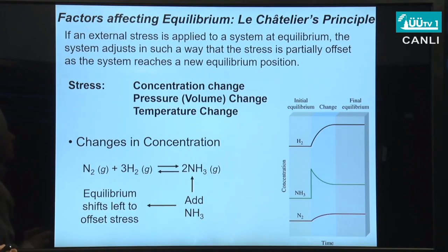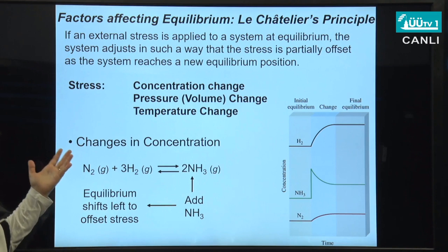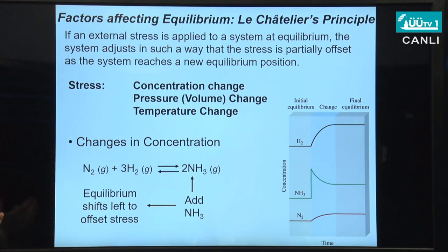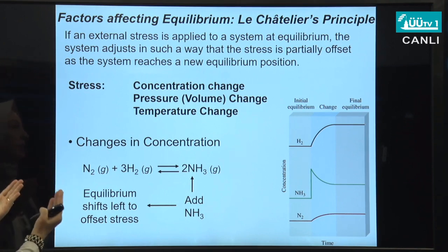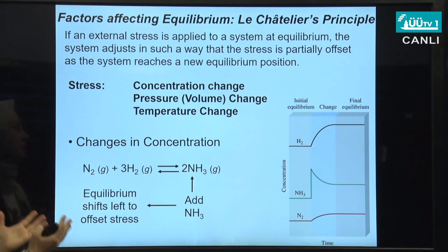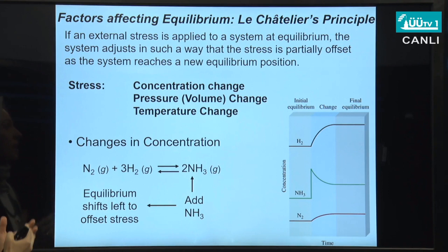Now, we are going to investigate the factors affecting chemical equilibrium. Actually, we mean here Le Chatelier's principle. Le Chatelier's principle basically states that if an external stress is applied to a system which is at equilibrium, the system tries to offset this stress. How?